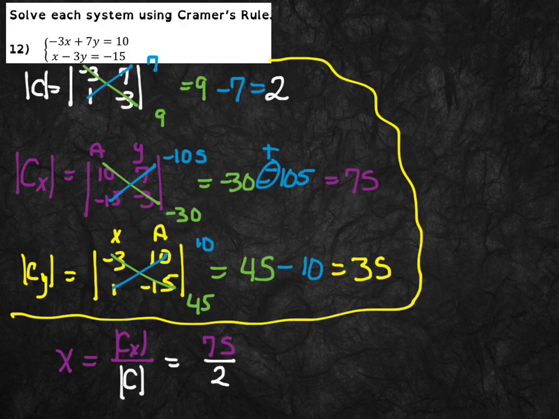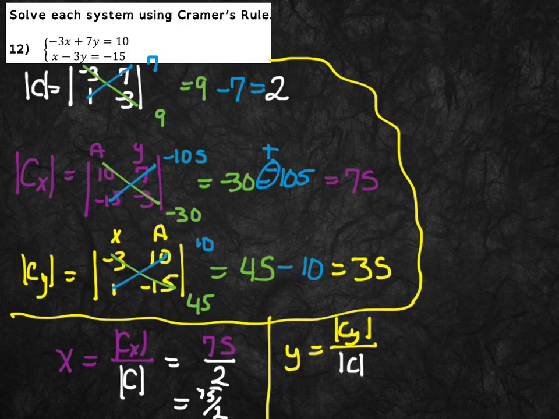75 over 2. That can't reduce, so 75 halves is your answer for your x. Next, we're going to do your y's. The same y, except for with the coefficient with the y replaced being your numerator, over the coefficient matrix.